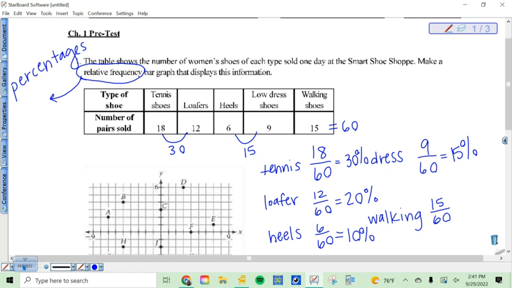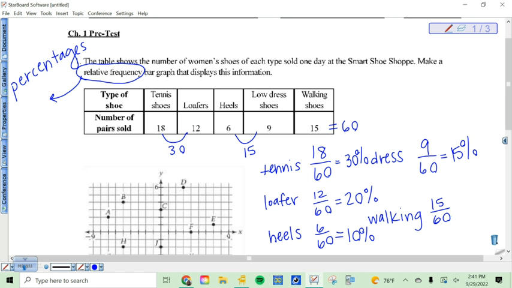And then how would I figure out 15? Why do you say that, Emilio? Because it's a fourth? How do you know that, though? Yeah, 15 and 15 is 30, and 30 and 30 is 60, so 15 is a fourth of 60.